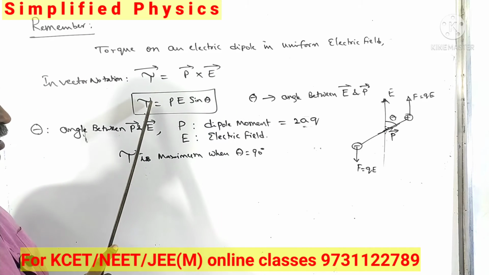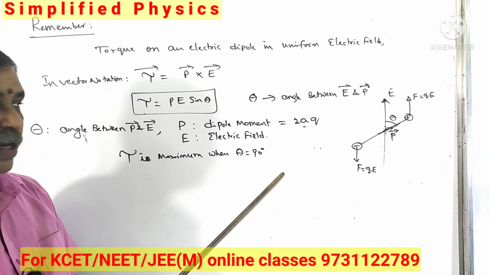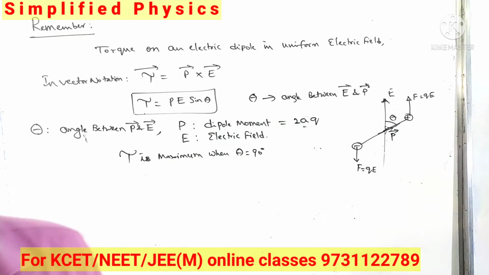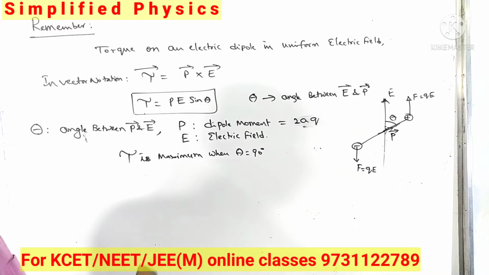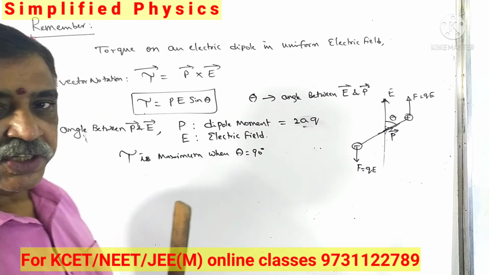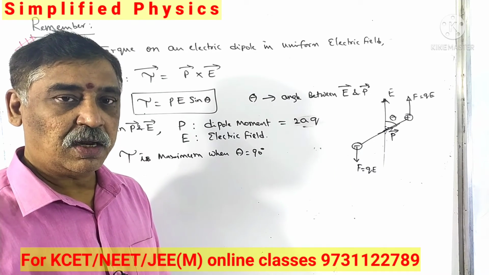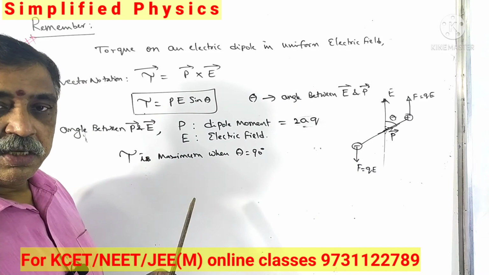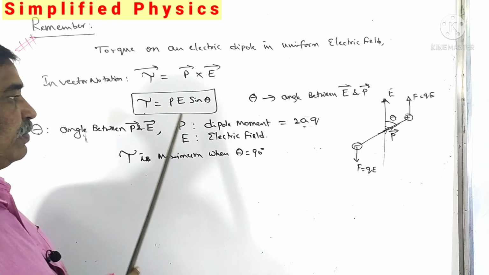Without vector notation, tau is equal to PE sin theta. It is a simple 1 mark question. If it is asked for 2 marks, it has appeared several times in previous question papers, so you better remember this. Write the expression for torque on an electric dipole. If it is given for 2 marks, explain the symbols also.